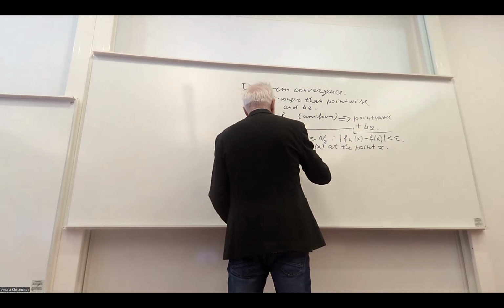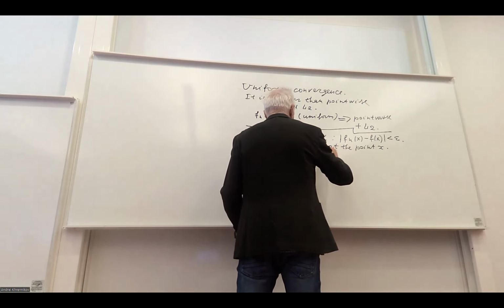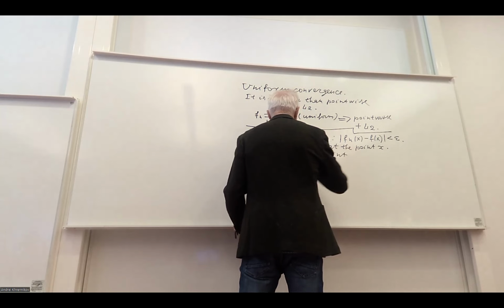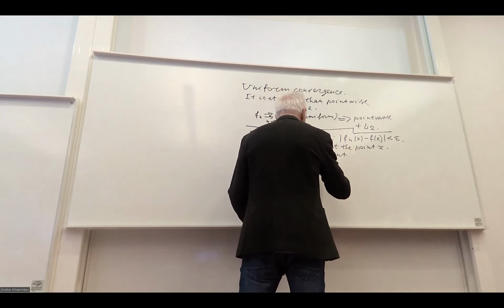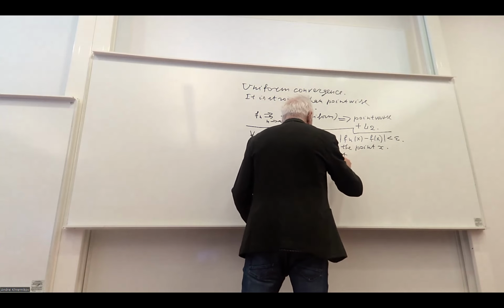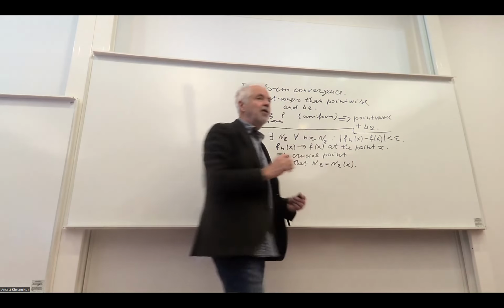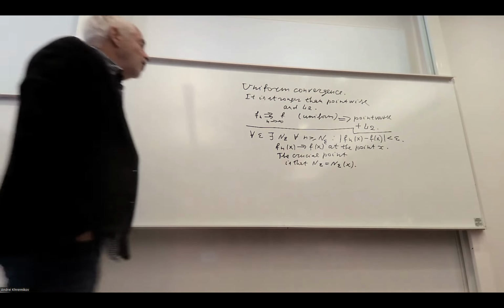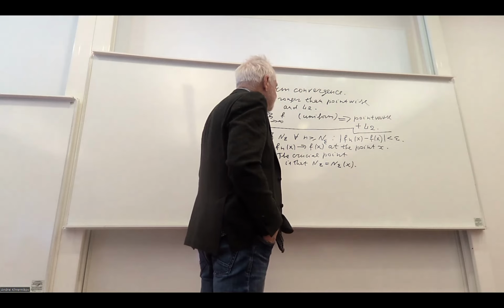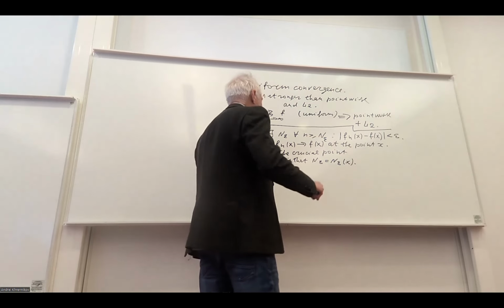The crucial point is that N depends not only on epsilon, but also on x. For different points, fn(x) becomes epsilon-close to f, starting with a different number. Uniform convergence is such that this number does not depend on x.